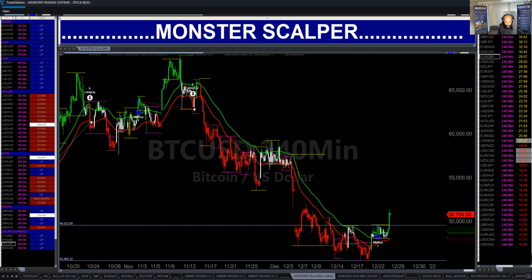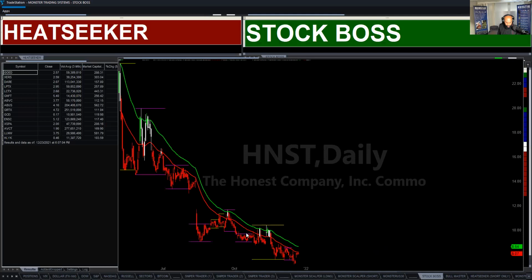We want it to come up, flatten out like this, form a support, form a base, and then move higher. See, yours is still falling. It hasn't really formed a base. It's starting to right here, but just keep an eye on it.